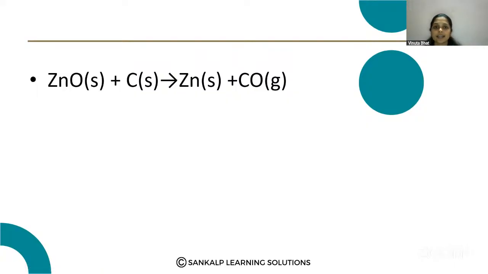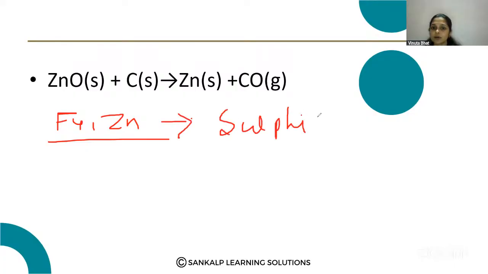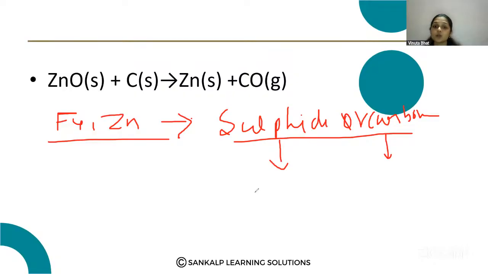Okay, so what are the steps? Commonly these metals, for example iron and zinc, are in sulfide or carbonate form. This sulfide and carbonate should be converted into the oxide form of that metal by roasting and by calcination method.